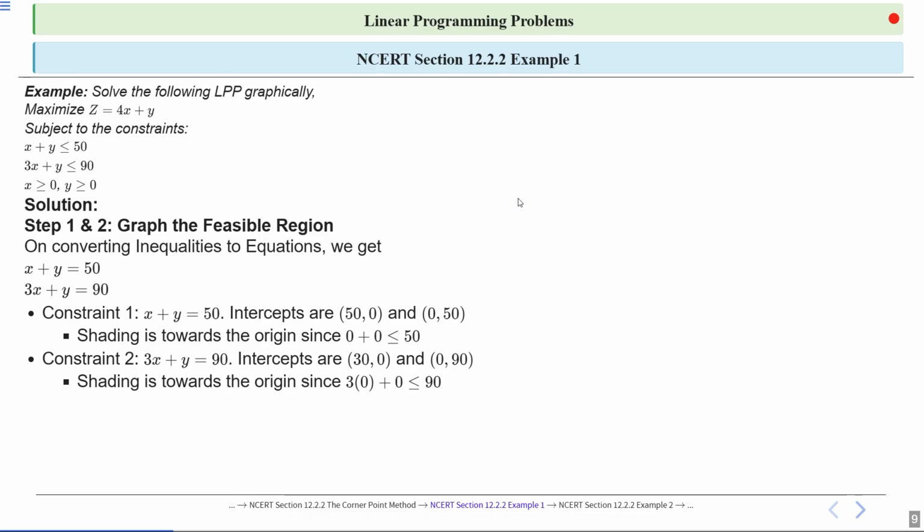That is why the shading is towards the origin. Then the non-negativity constraints, x greater than or equal to 0 and y greater than or equal to 0, mean that the values of x and y cannot be negative. So we only consider the first quadrant, where both coordinates are 0 or positive, which limits the feasible region to the area on or above the origin.